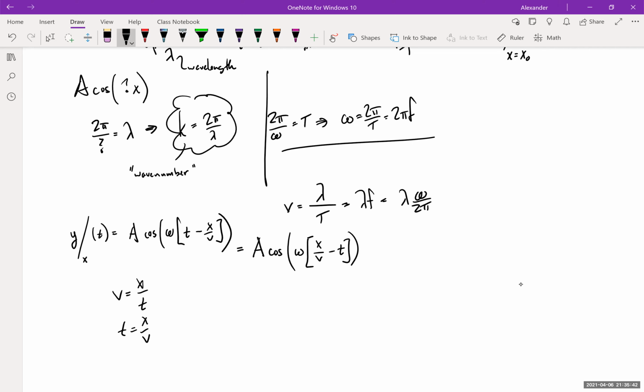So if we wanted to isolate omega over v, that's 2 pi over lambda. But we've written that once before. 2 pi over lambda is that thing that we called the wave number.